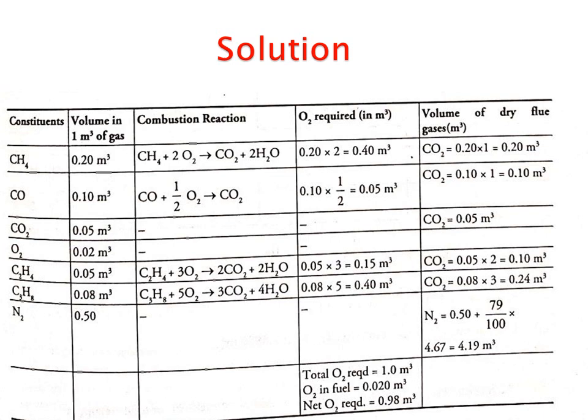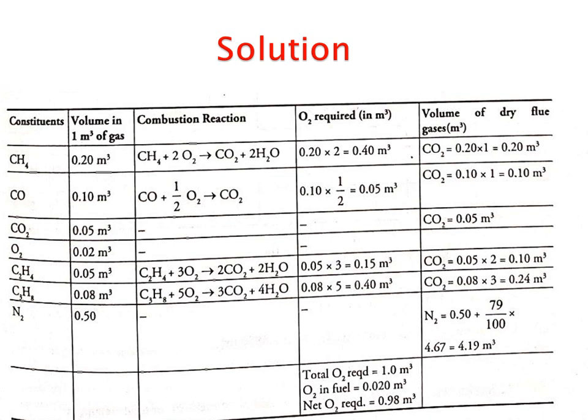Now the flue gases will also contain nitrogen. Now where does that nitrogen come from? It is nitrogen in fuel plus the nitrogen in the air that we have supplied. So nitrogen in fuel is 0.50 plus how much air we have supplied? We have supplied 4.67 meter cube of air. 79% of that is nitrogen.